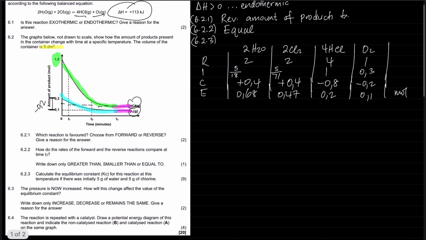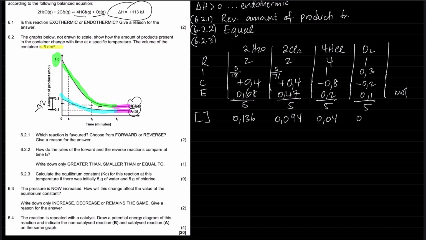So to get the concentrations, we'll divide each one by 5, because that was the volume of the container. So now the concentrations are going to be 0.136, then this one 0.094, this one 0.04, and this one 0.02.